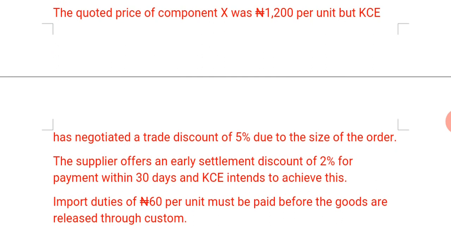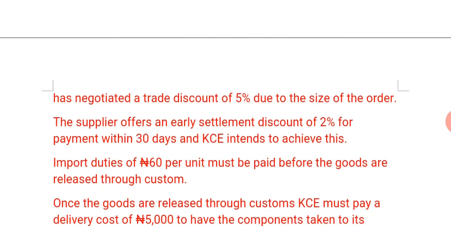Now, trade discounts, then we have cash discounts, what we call cash discounts. Trade discounts, bulk purchase; cash discounts, early settlement of payments or debts. If you pay early within 30 days, the supplier would give you 2% discount on what KCE buys. And it says KCE intends to achieve this.